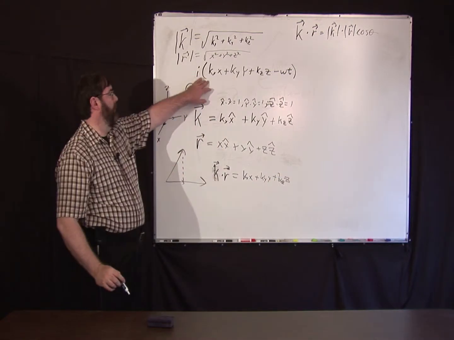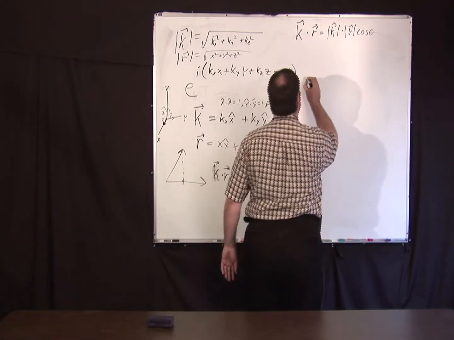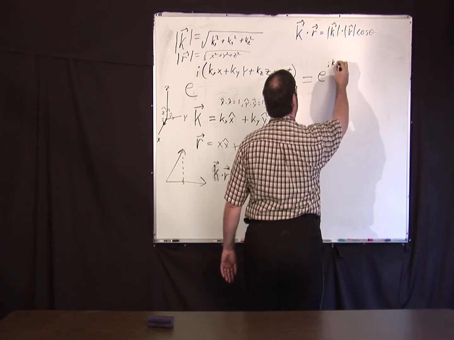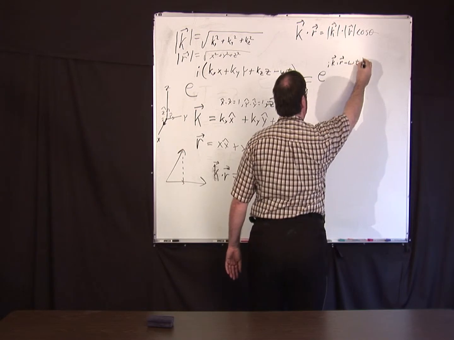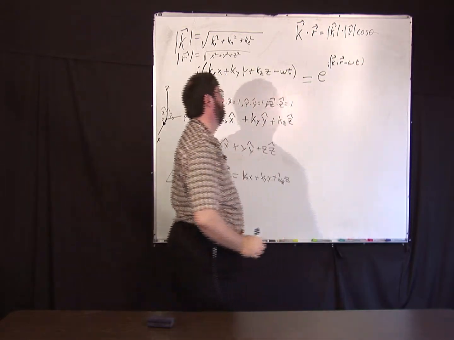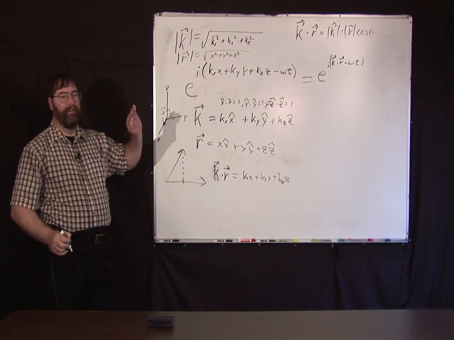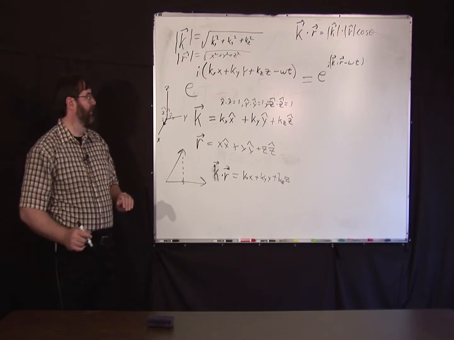Well, hey, that's this thing. So we can say, well, the general plane wave looks like this: e to the i (k dot r minus omega t). Okay. We'll see why that's useful, hopefully next week.